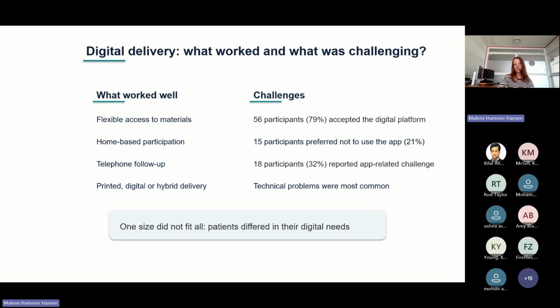We asked whether they found the instructions confusing, whether they experienced technical problems, and whether they still felt motivated to continue using the digital part of the program. And here, technical problems were by far the most common issue, while motivation generally, luckily, remained high.